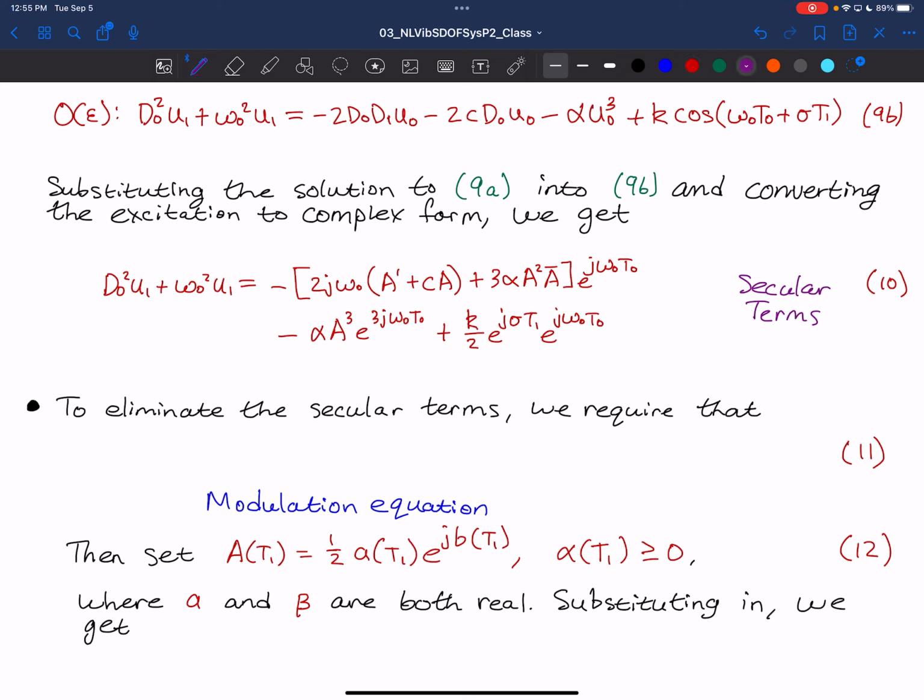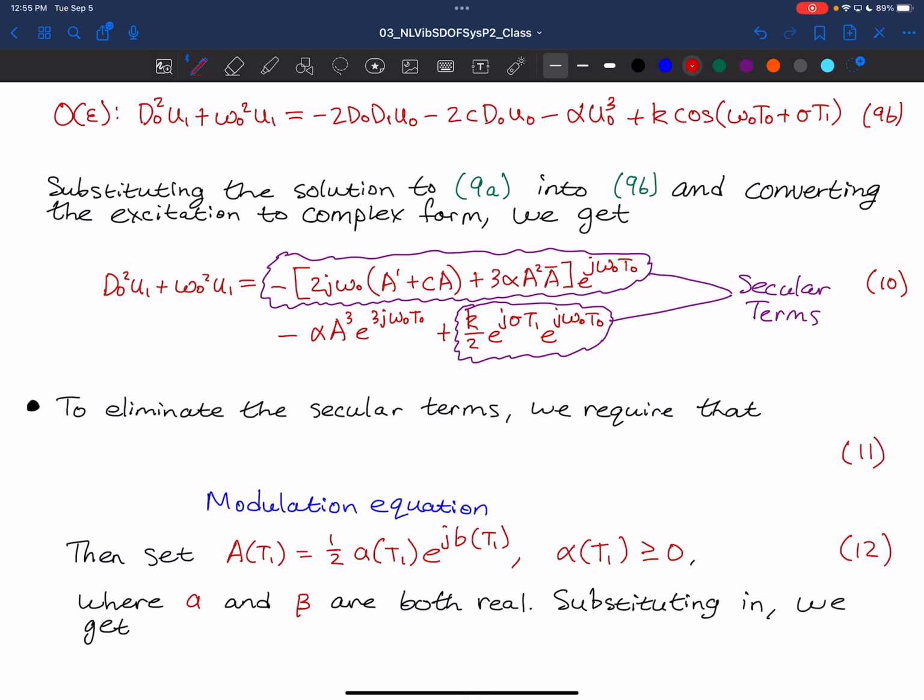From here you can see that we end up with the following secular terms. First we have that big term right there, and then we have another secular term due to the external forcing. Oh, and also we have to add in the complex conjugate.